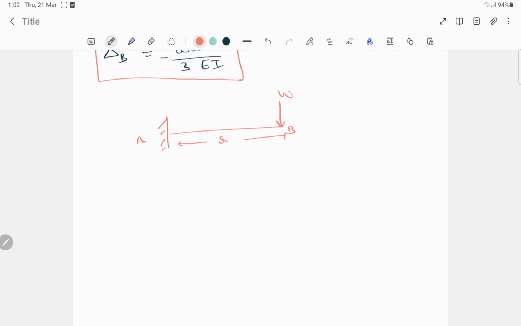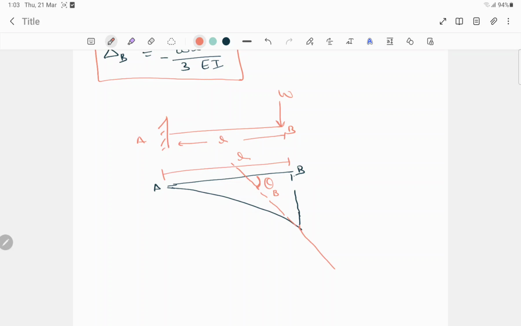When this load is acting on this beam, the beam will deflect like this, A and B. Now we have to draw a tangent at this point, and this angle is the theta B angle, and this length was L. This is the figure, the elastic curve.